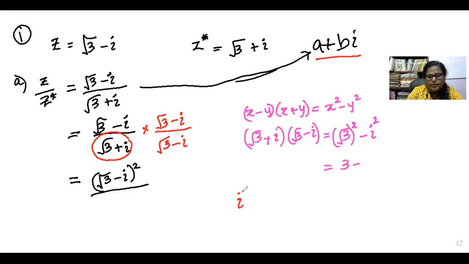You know that i squared is equal to minus 1, because we define i as the square root of minus 1. So we can simplify this as minus 1, so minus minus 1 becomes plus 1. So we can write this as 4.